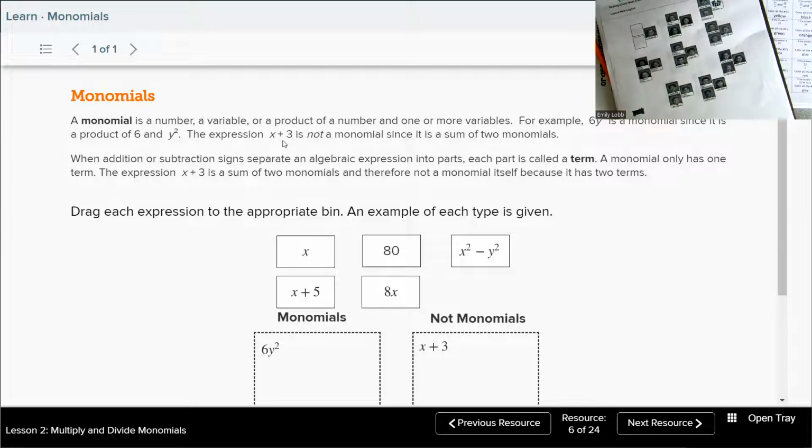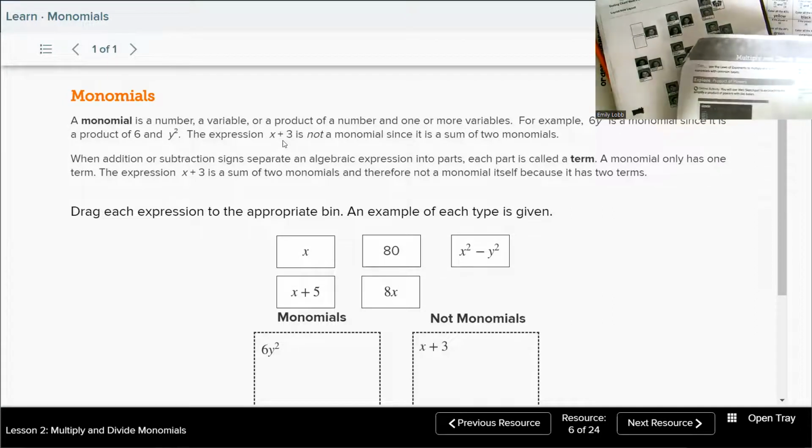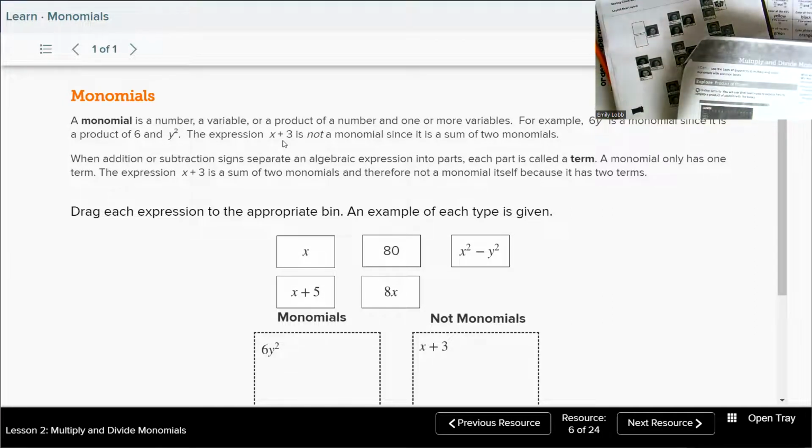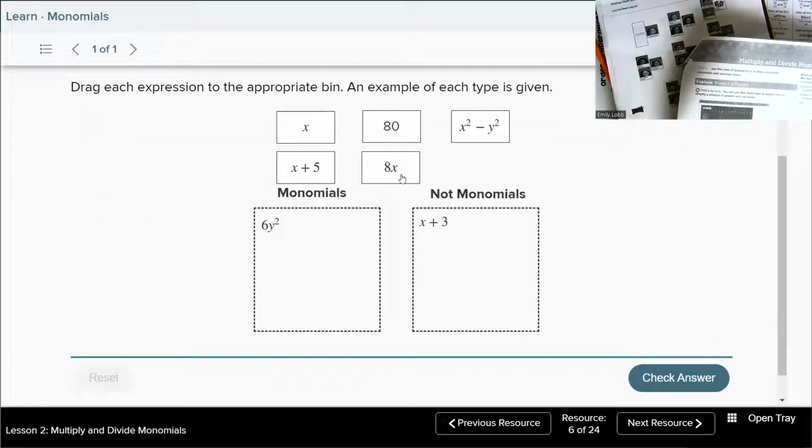So we're going to drag each expression to the appropriate bin. An example of each type is given. Is x a monomial or not a monomial? It's one term, right? 80. Is this a monomial? Is it one term or more than one term? It's just one term, right?